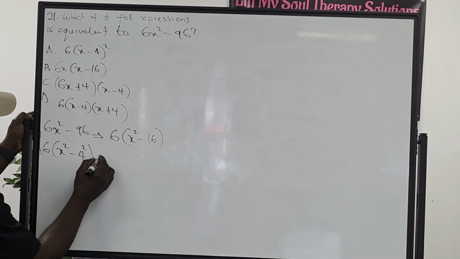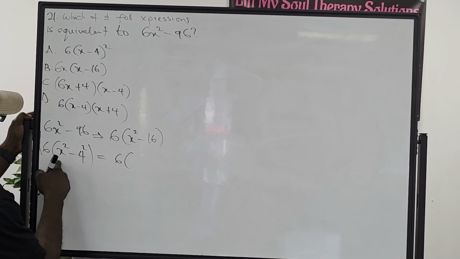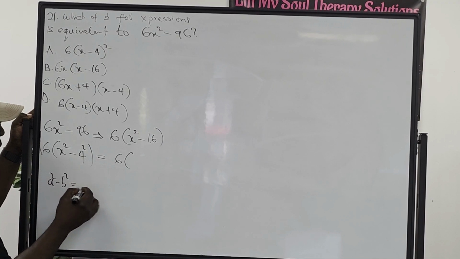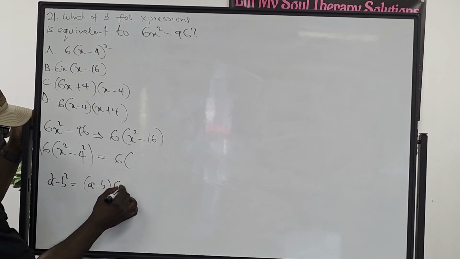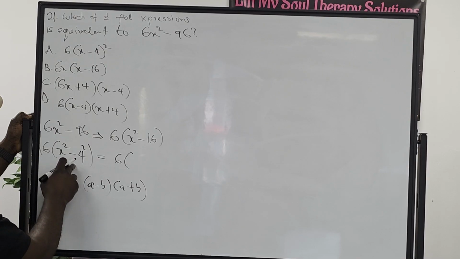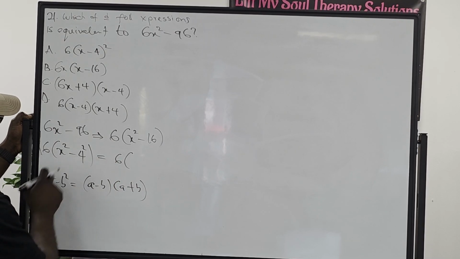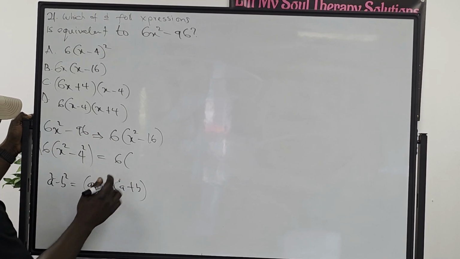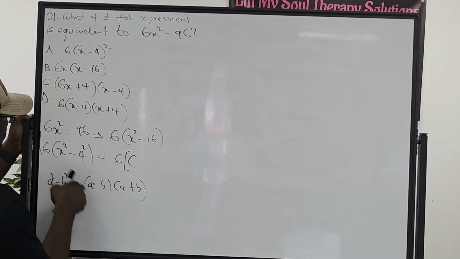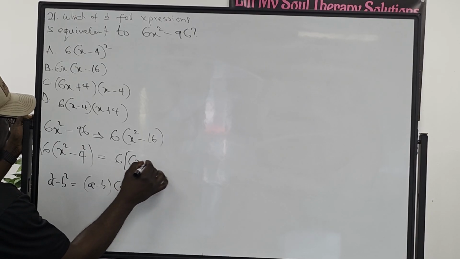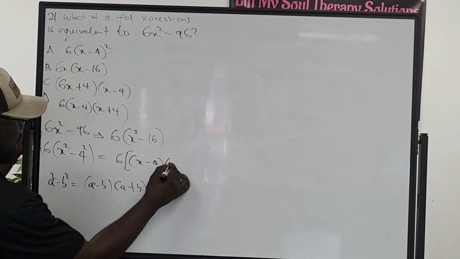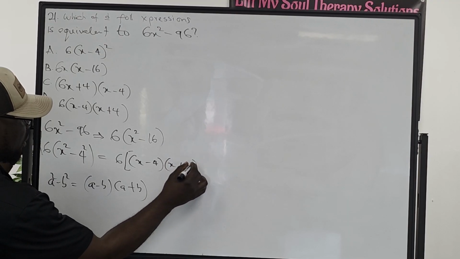So we can actually write this as 6 bracket. Whenever you have in math a squared minus b squared, this becomes a minus b, a plus b. That's what this means. So we have the same thing here. x squared minus 4 squared becomes, using the same rule, our a here is x and our b is 4 in this case, so x minus 4 bracket, and then you have x plus 4.